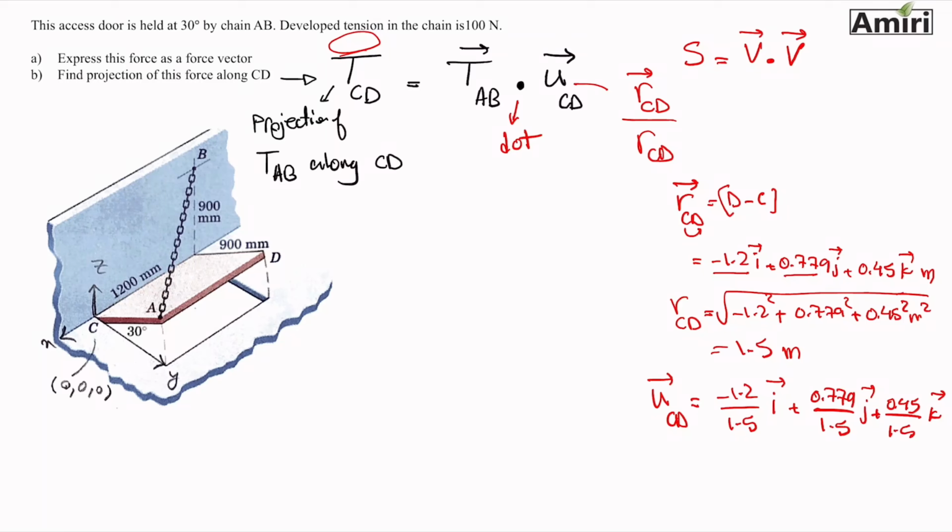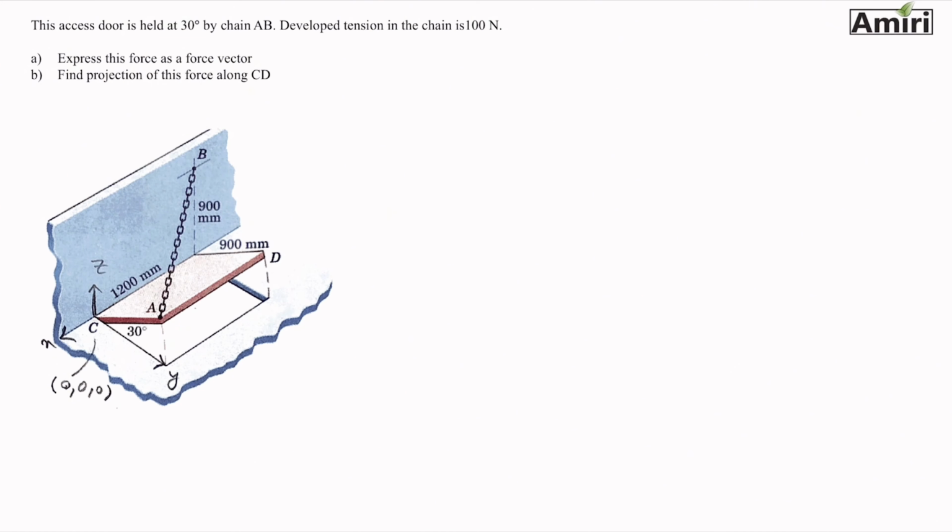For the dot product of two vectors, you do the x components together, y components together, and z components together. What do I mean by that? Let me write it clean here.